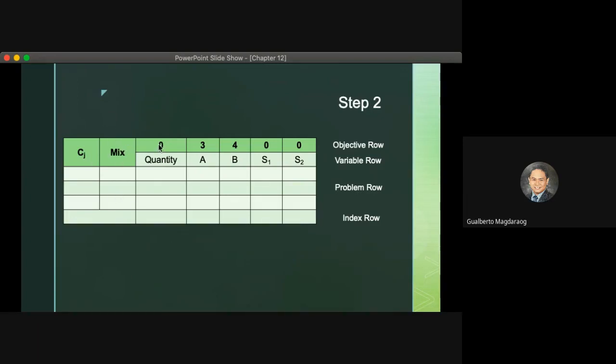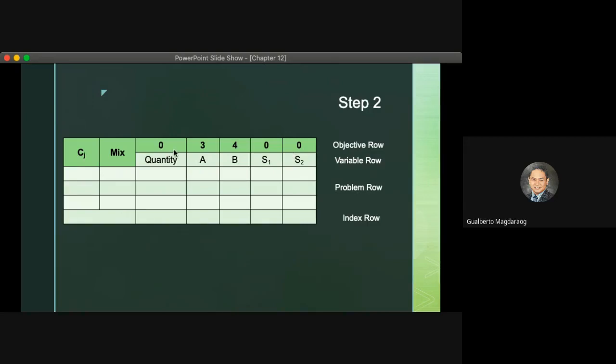And then the third to the seventh column, the upper portion is our objective row or our contribution margin.